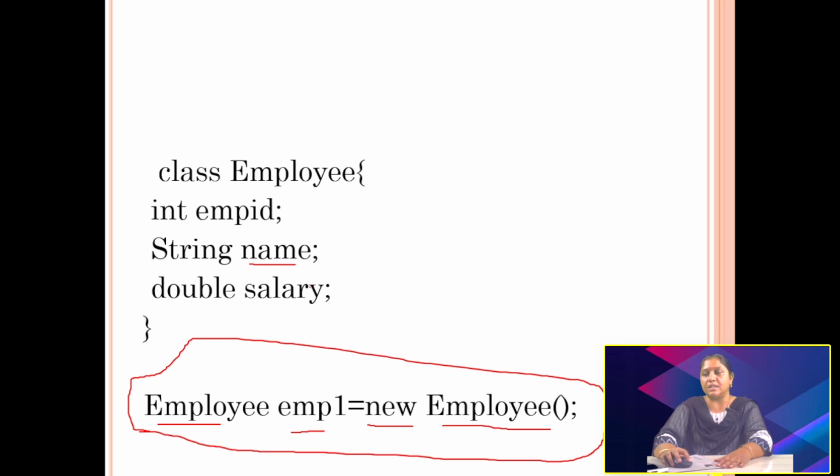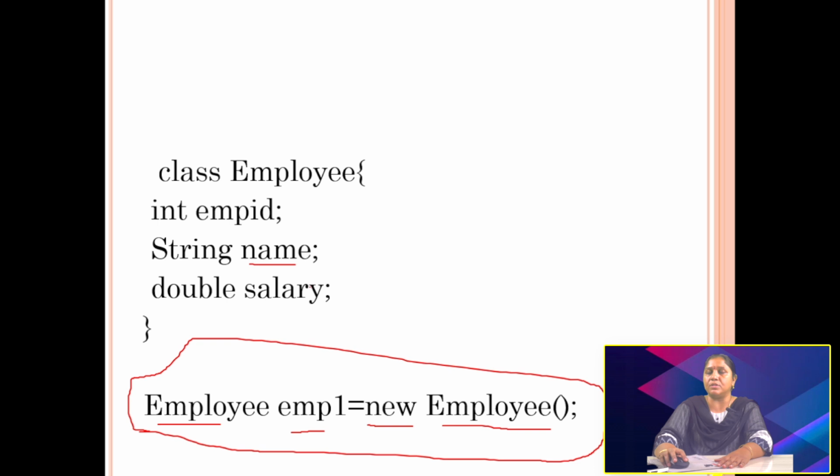And see, the next statement is the syntax to create an object of type Employee. I will just repeat, you practice again along with me. First you mention the class name, next the object name is equal to new, which is an operator, followed by a space, and next you mention the constructor. The constructor name is the same as the class name.